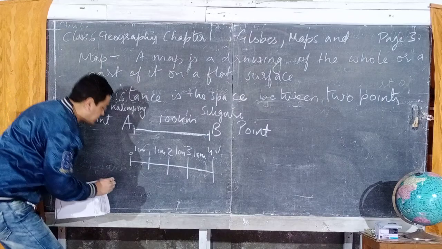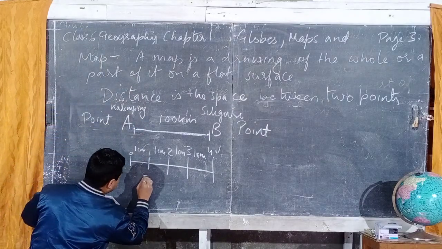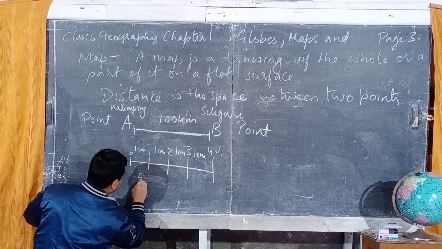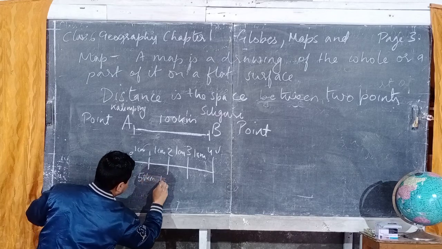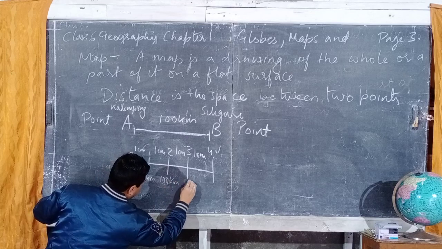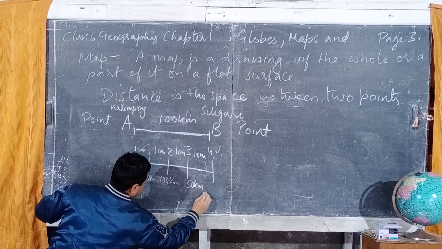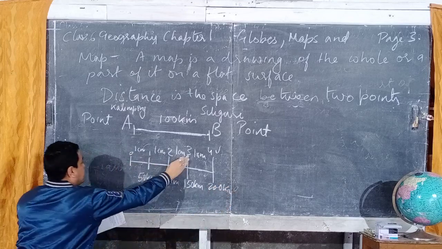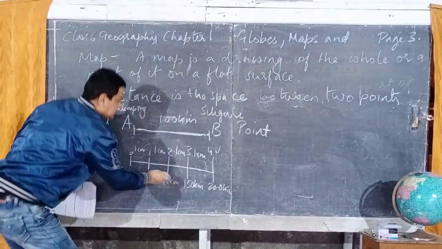Now I'll write: 1 centimeter means 50 kilometers, 2 centimeters means 100 kilometers, 3 centimeters means 150 kilometers, 4 centimeters means 200 kilometers. The upper part is known as centimeters, the lower part as kilometers.